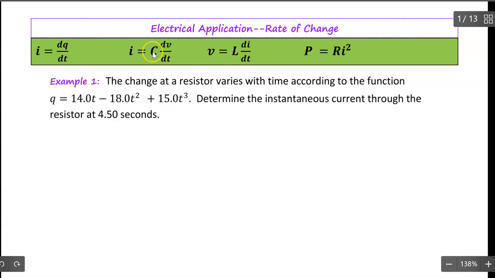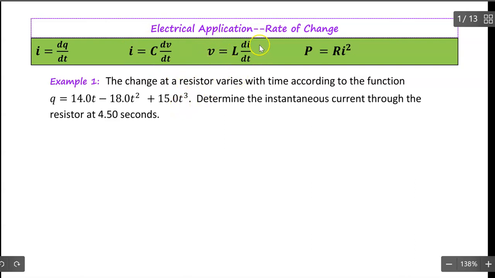If you have the value of that capacitor, you multiply by the voltage, and the voltage is given to you as a function of time, then you differentiate that equation with respect to time, multiply by the value of the capacitor, and that will give you the instantaneous current.